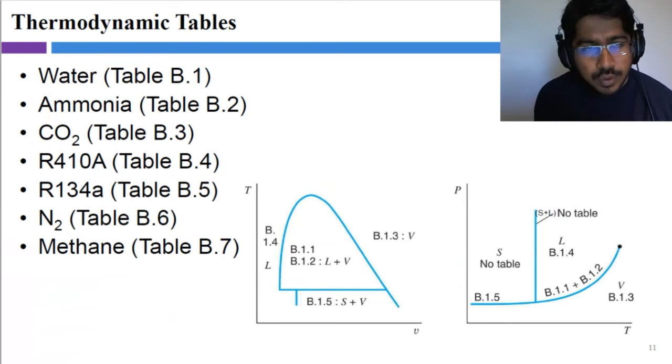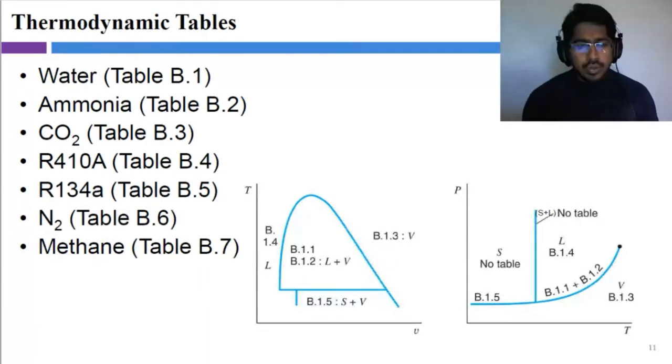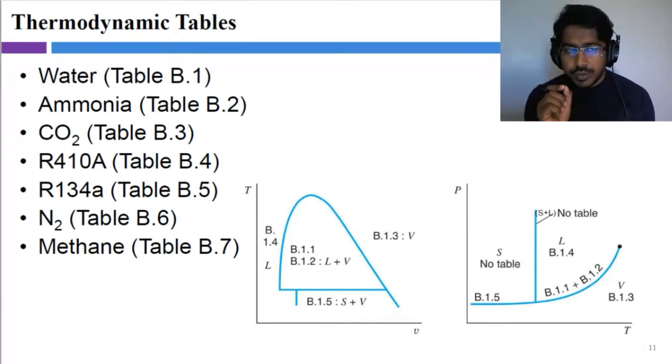When you go into thermodynamic property tables, you have property tables for each substance, for example for water, for ammonia, and so on. You cannot use property tables developed for water in a question where we use ammonia. Be very careful, and please pick the right table.